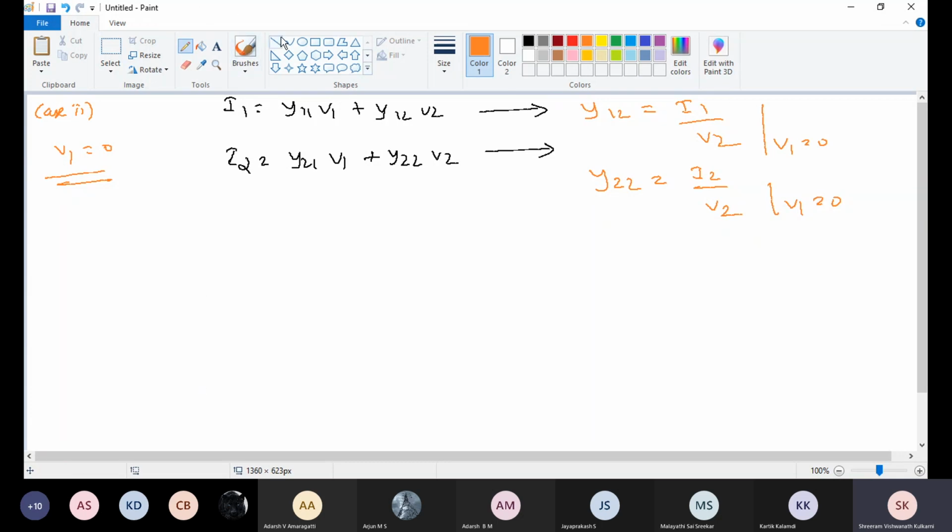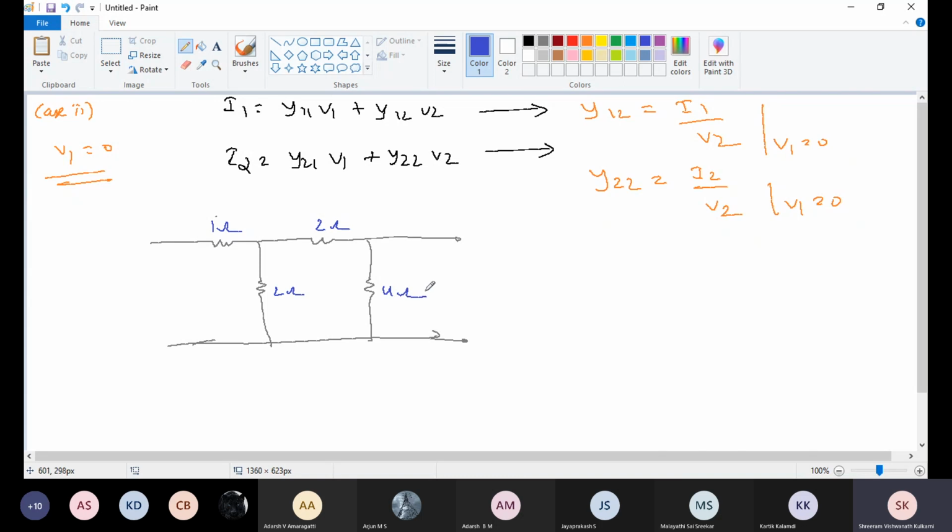Now we'll come to that network. This is my network given. 1 ohm, 2 ohm, 2 ohm, 4 ohm, A, A dash, B, B dash.